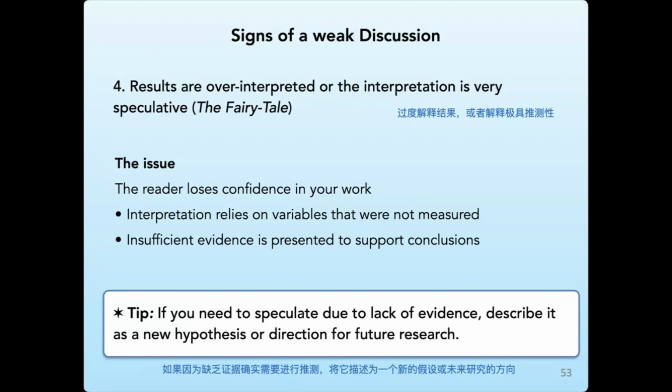So unless I have very strong evidence that, for example, this phenomenon was explained through changes in microbial communities, and that's been shown in a lot of other work, then we're starting to rely too heavily on variables that were not measured in the present study. We can do it to a certain extent, but when most of our interpretation is based on other people's work rather than our own data, then it starts to become a bit of an issue.